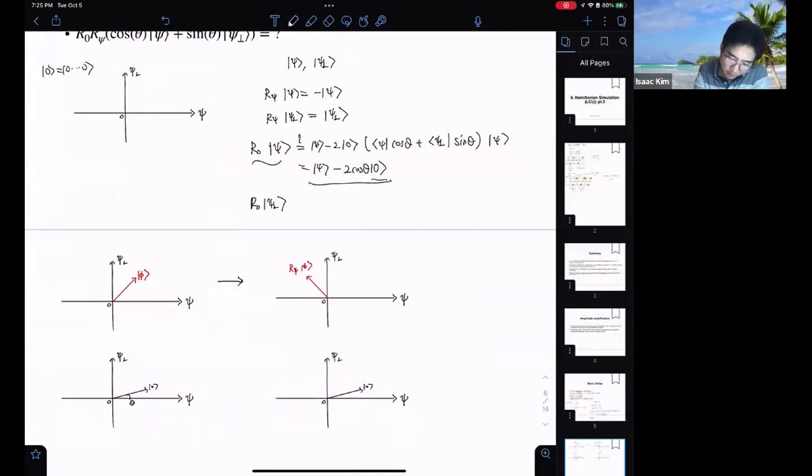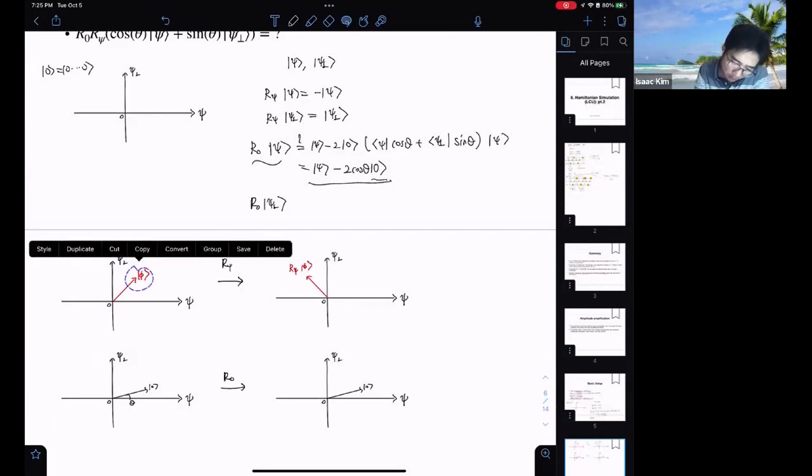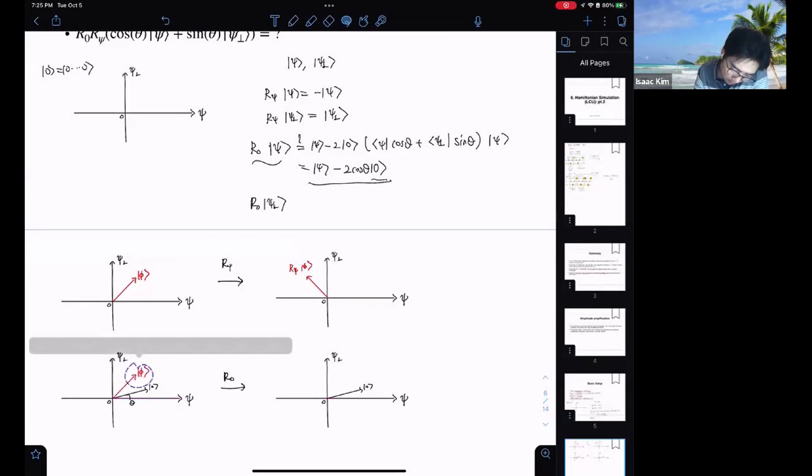And R0 is just a reflection with respect to this 0 vector. So we have this psi here. What you're doing is reflecting along the direction of 0. So the vector that you're going to get will be something like this.